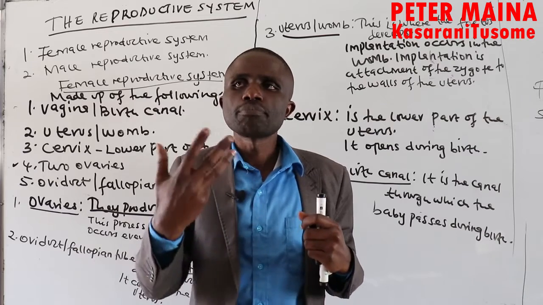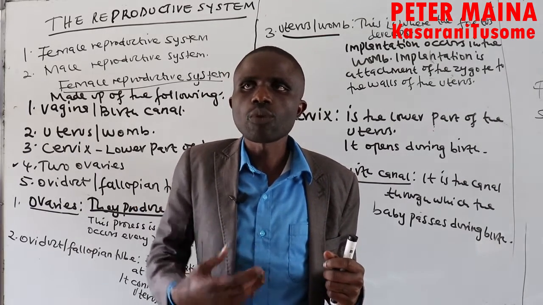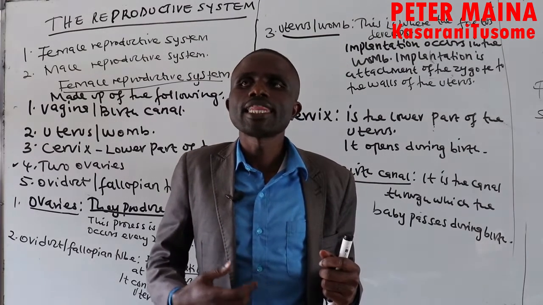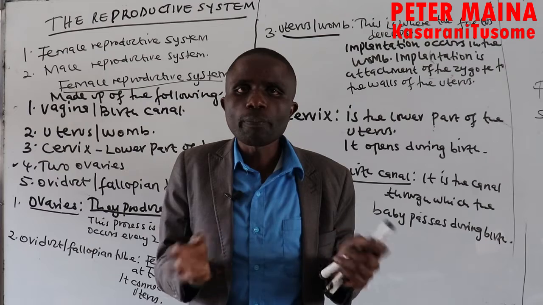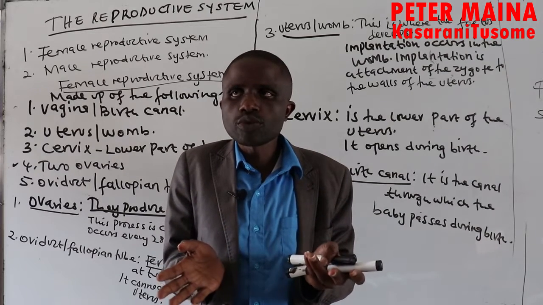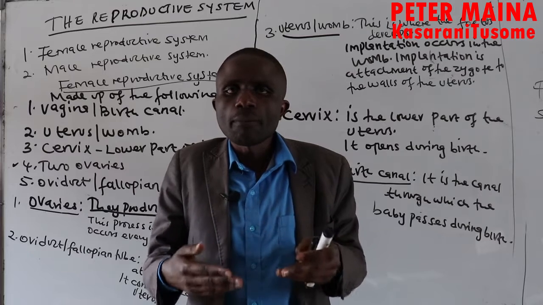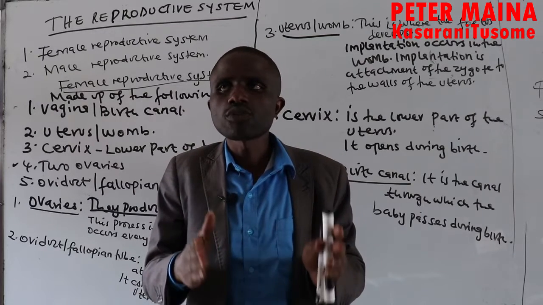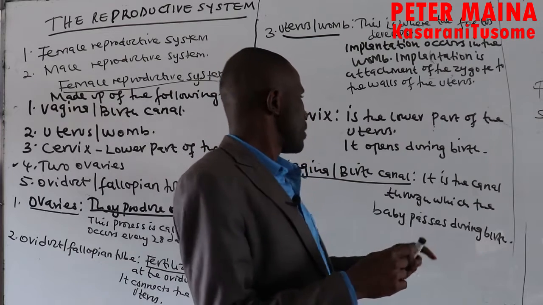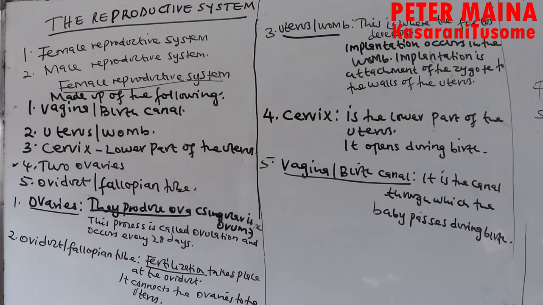Implantation is the attachment of the zygote to the walls of the uterus. Then we have the cervix, which opens during birth, meaning it holds the baby before birth. And then we have the vagina or the birth canal, through which the baby passes during birth.